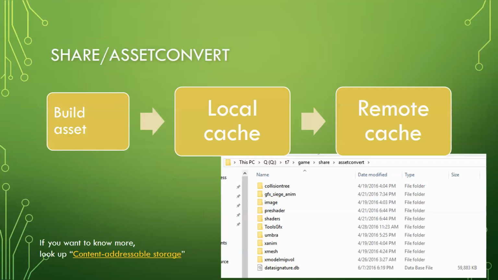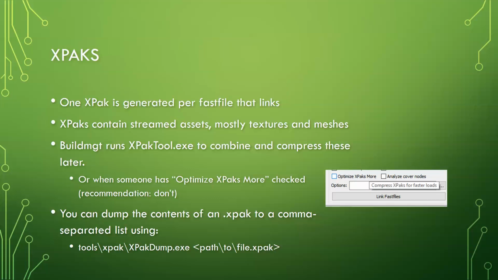I think this is the last kind of file that I'm going to talk about that the linker outputs: Xpacks. I definitely have to tell you about these because this is what I worked on for Black Ops 1 and then renamed for Black Ops 2. So Xpacks are files that contain streamed assets.